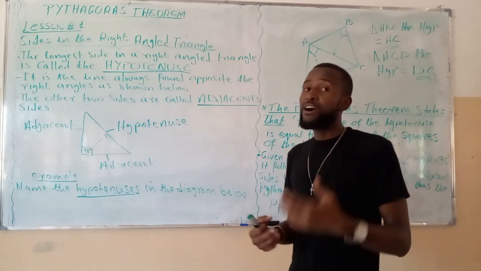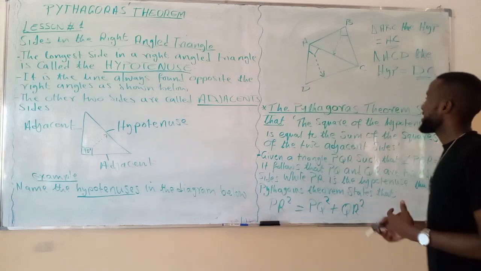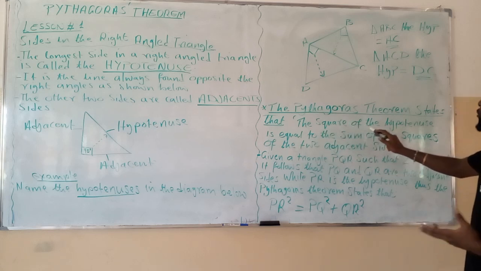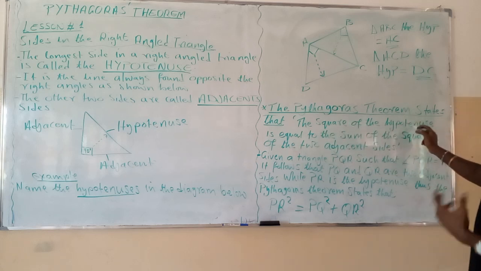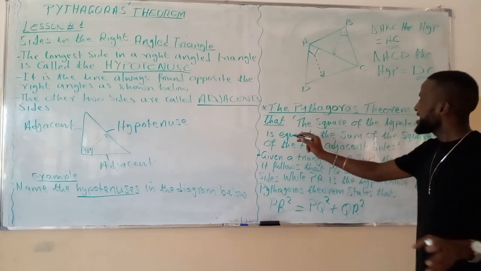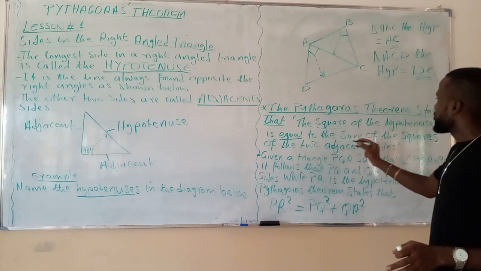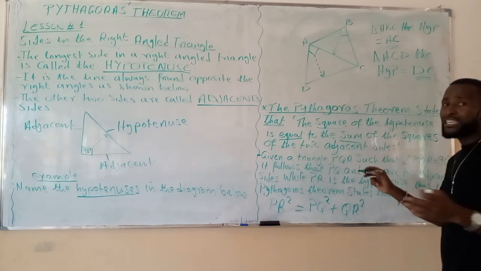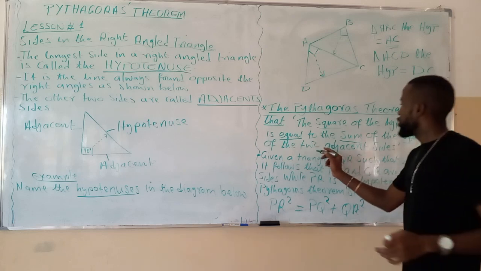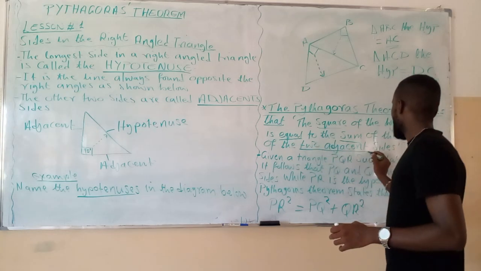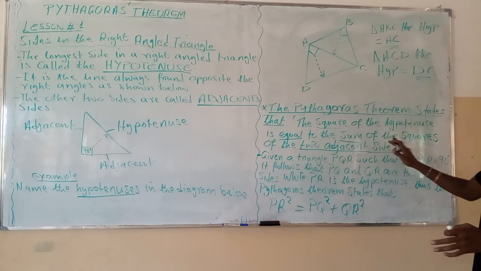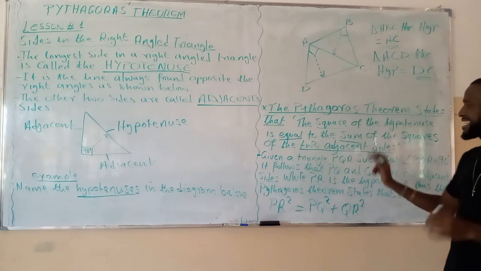And he came up with a theory that states that the square of the hypotenuse is equal to the sum, meaning the addition, of the squares of the two adjacent sides.